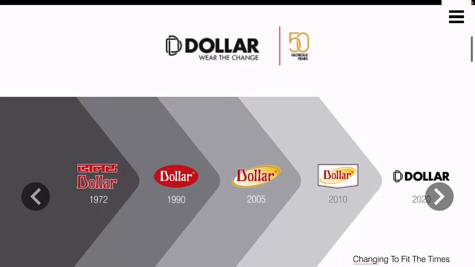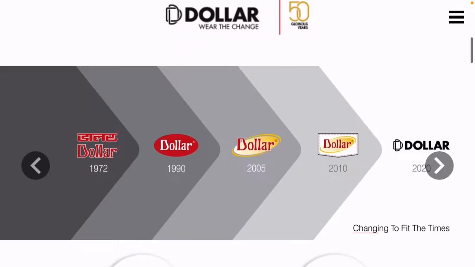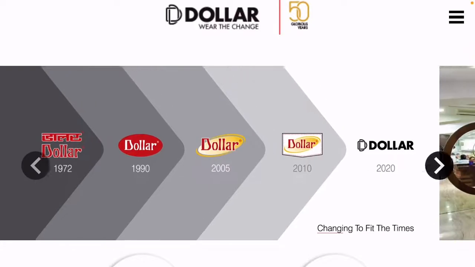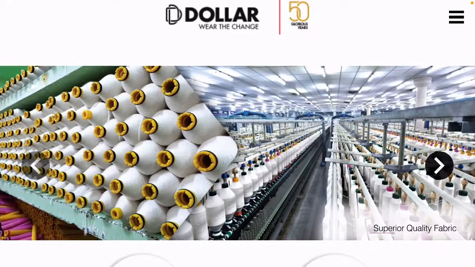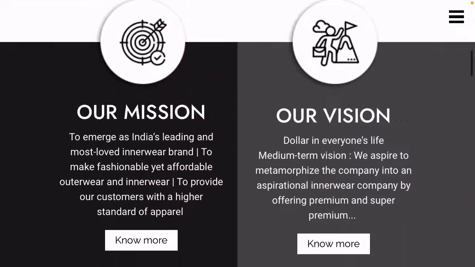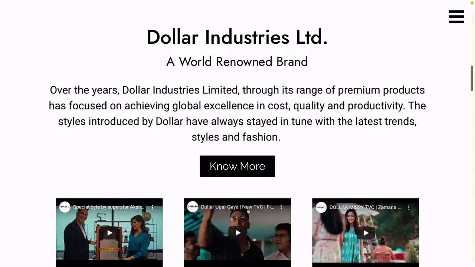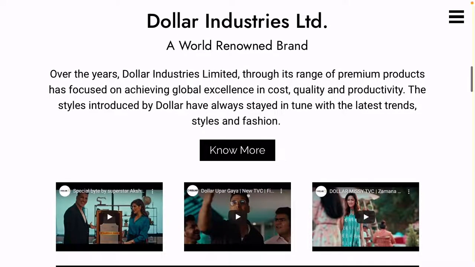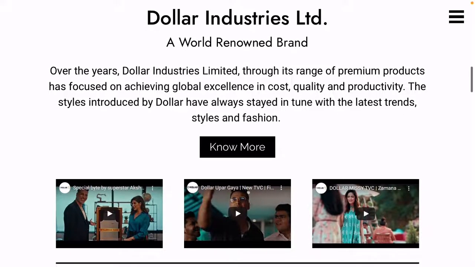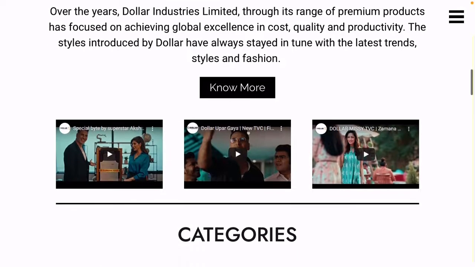So you can see that this company has a lot of good brands, for example Dollar. These are all Dollar brands. You can say this is the manufacturing and production side of this company. There are some good missions of the company: premium products, and styles introduced by Dollar, always stylish, in tune with the latest trends.